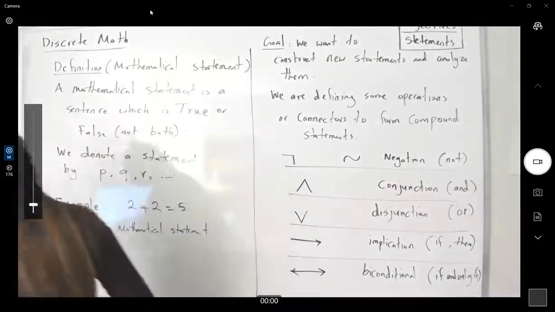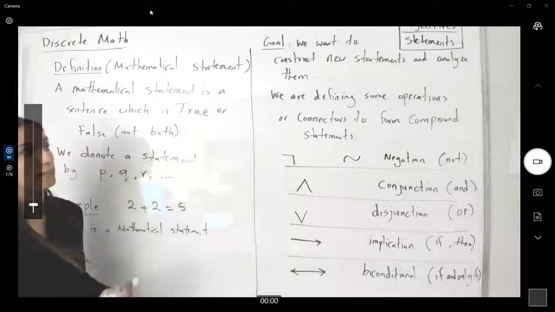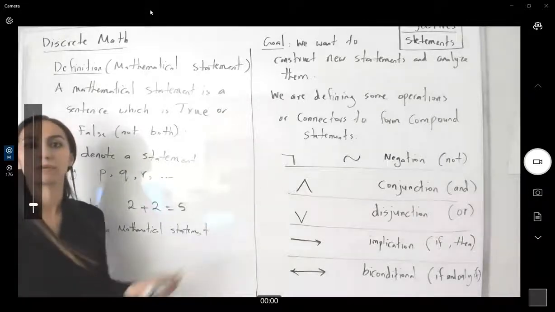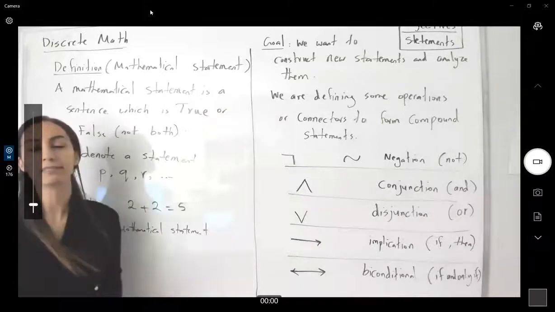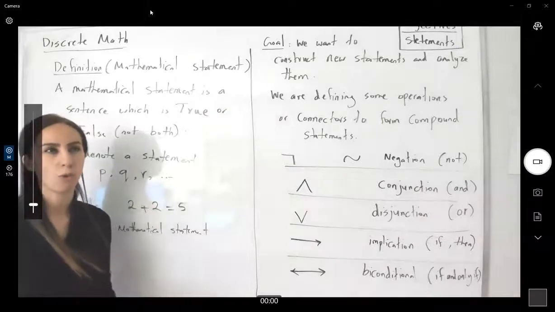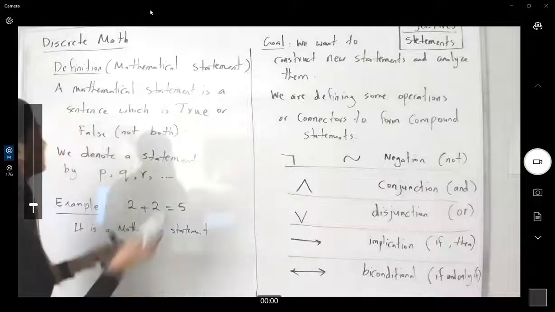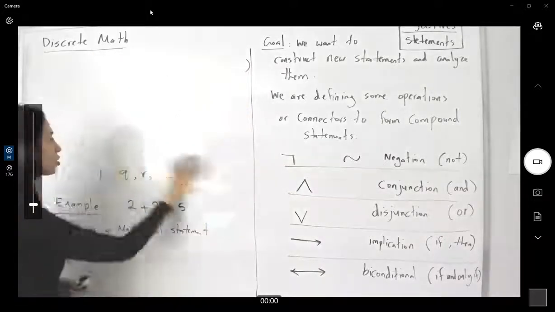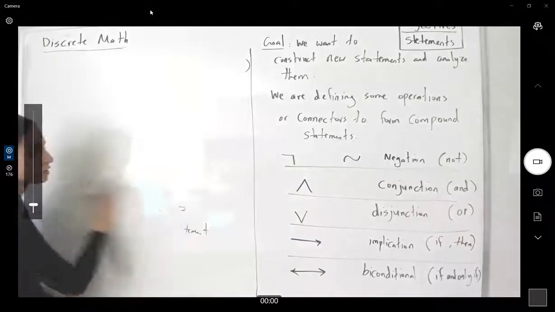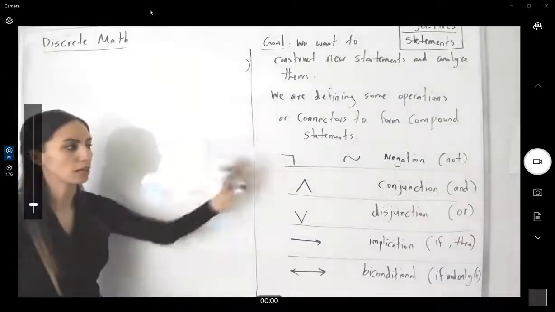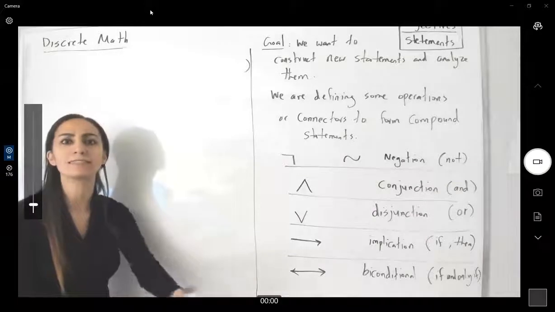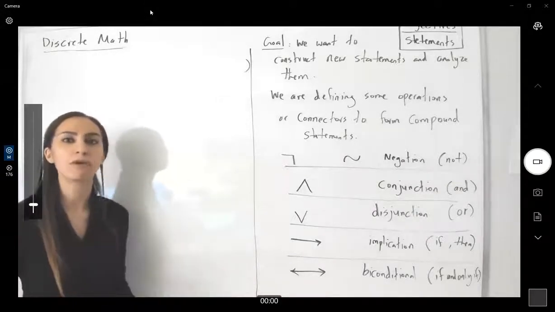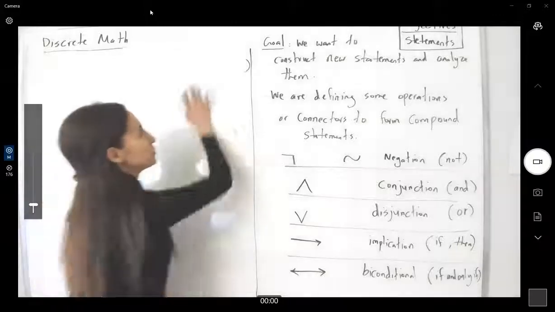Very well. So remember that our goal is to analyze a statement. Is it a true statement or is it a false statement? Which one is that? We have some operations. These connectors are actually helping us to connect statements together and construct something more complicated than before.